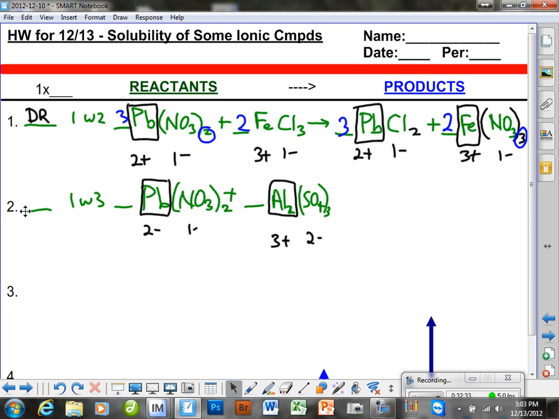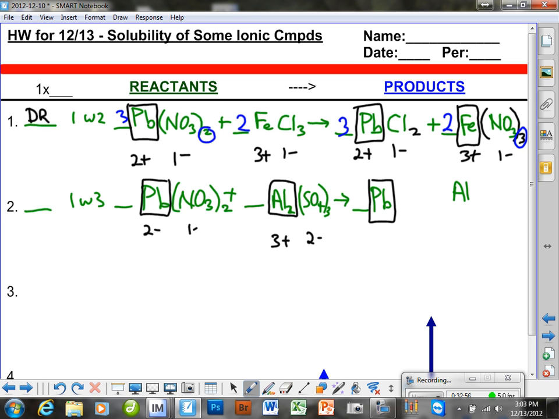Okay? And now we're going to come on over to the right side, and we're going to have our lead. And who are we going to have over in this position? This aluminum. Okay, our cations. You want to do your cations first.